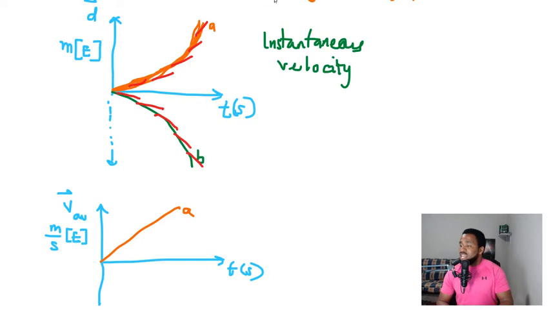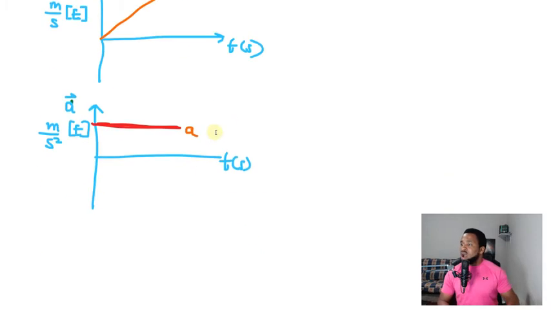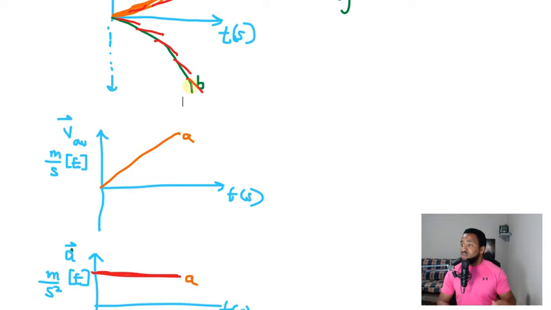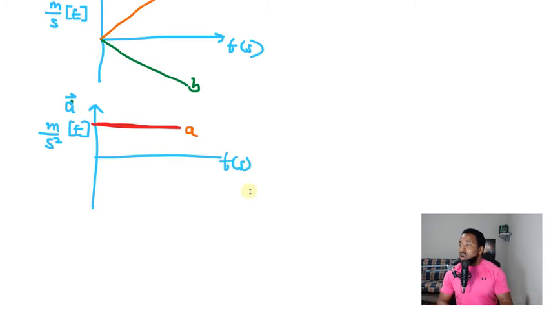When you have negative slopes that are increasing, our velocity time graph for curve B shows a line that is downward. A negative slope for B on our velocity time graph results in a constant acceleration, in this case in the negative region of our acceleration time graph.